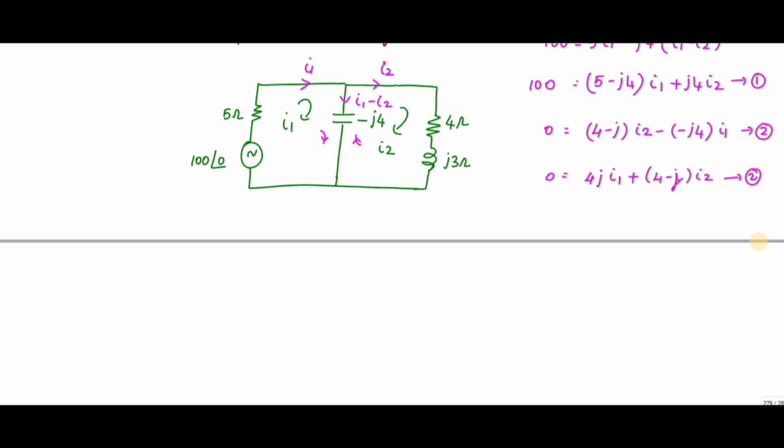Now I can solve this. I need to find the determinant value. The determinant is the matrix with 5 minus j4, 4j, 4j, 4 minus j.